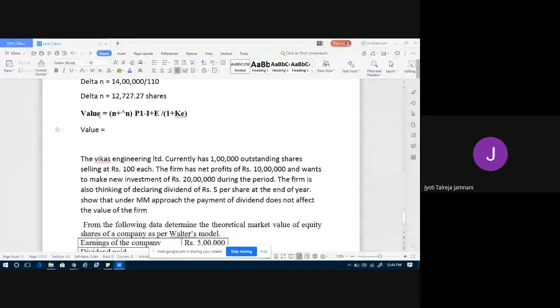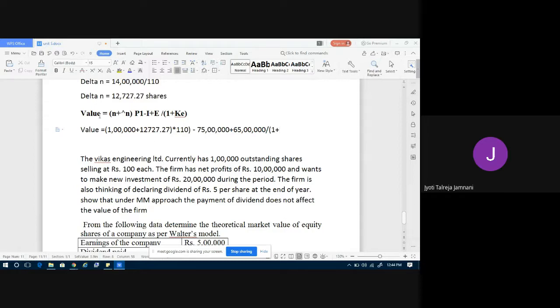Now we can find the value of the firm. Value is equal to N, the number of shares given, 1 lakh, plus delta N, which we have found, 12,727.27, into P1, which is 110, minus I, that is 75 lakhs, plus E, that is 65 lakhs, divided by 1 plus KE.